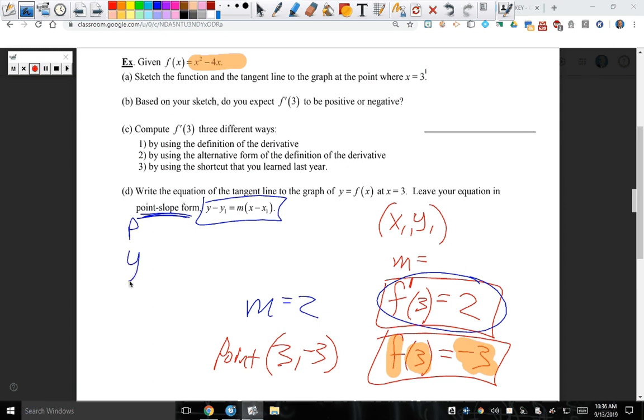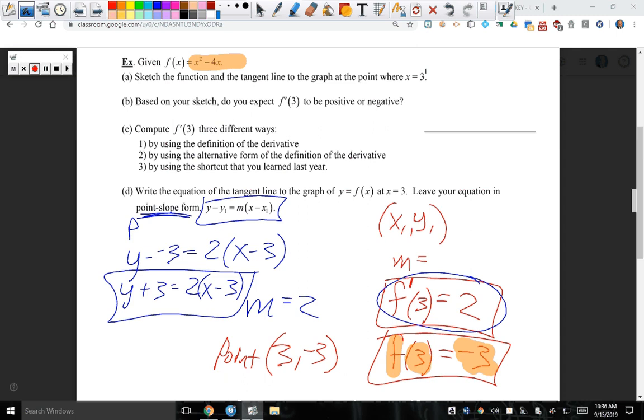So it'll be y minus negative 3 is equal to the slope of 2 times x minus 3. And there's your answer. You could even write it like this if you want, or you could simplify it to y equals mx plus b. So you have 2x minus 6, subtract the 3 over, 2x minus 3.